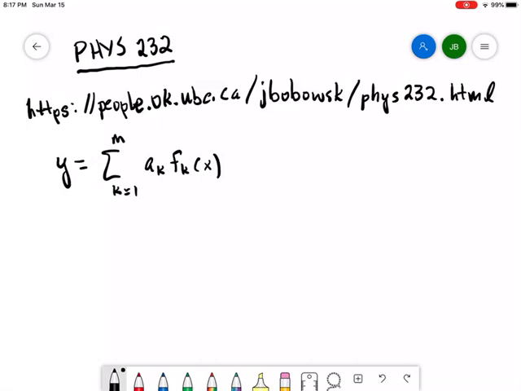And we found that we could do that. The way we did it was we minimized chi-squared, and we found that we could express the minimization of chi-squared as a pretty convenient matrix equation. It was a column matrix beta equal to a square matrix alpha times another column matrix A. The A column matrix contains all of the parameters that we're trying to determine, all of these unknown coefficients, A1 to AM.